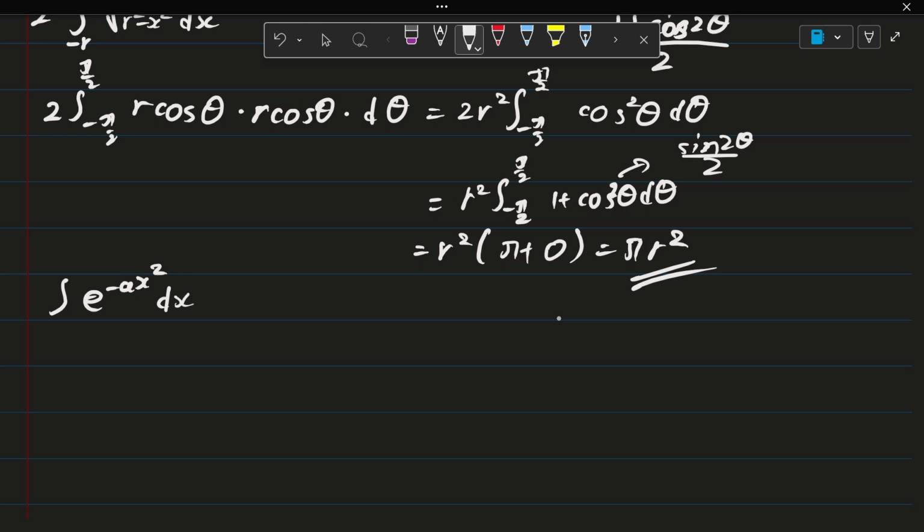But it is a known integral, going from 0 to infinity. This integral is very well known, and the answer is 1/2 times the square root of pi over a. But the way that we will actually solve this is by using multivariable calculus, which I will discuss in the next video. But in here, we will just take this to be a known quantity.